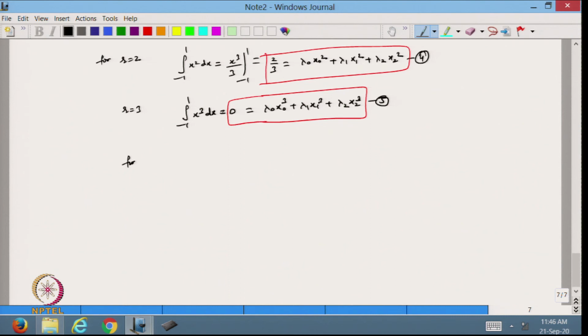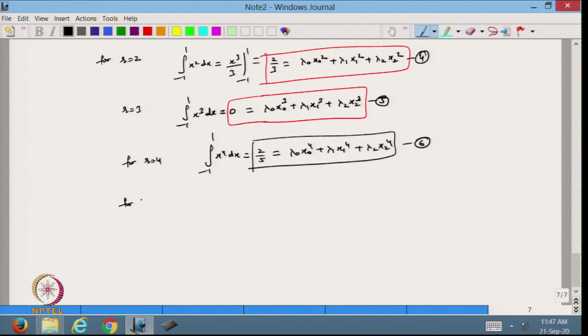Then for r is equal to 4, this will be integral minus 1 to 1 of x to the 4 dx. Now, if I take this value, this will be 2 by 5. So, that is equal to lambda naught x naught 4 plus lambda 1 x 1 4 plus lambda 2 x 2 4. So, this is equation number 5.